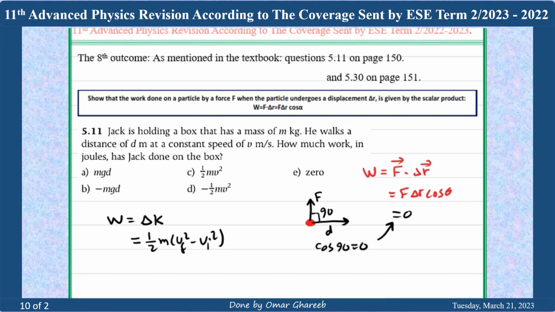But the question told us that he is moving with a constant speed. So V final equals V initial, so the square of V final equals the square of V initial. They cancel each other and we have again 0. So the answer for this question is 0.